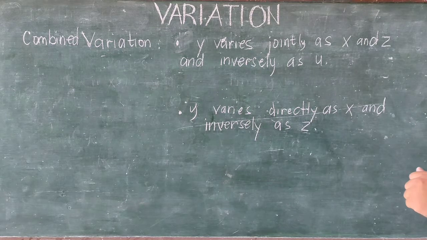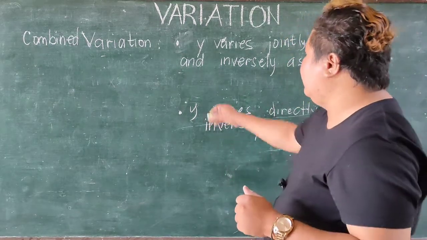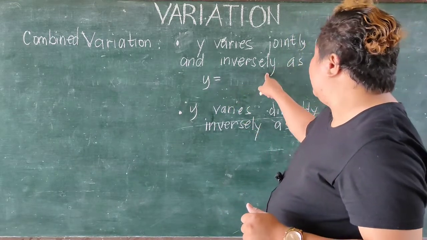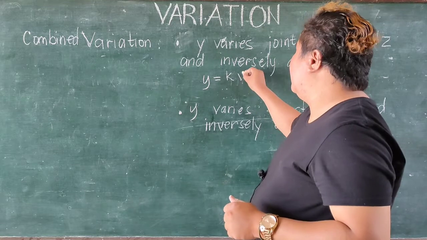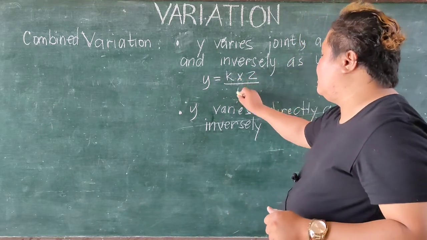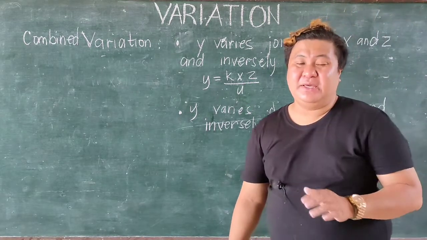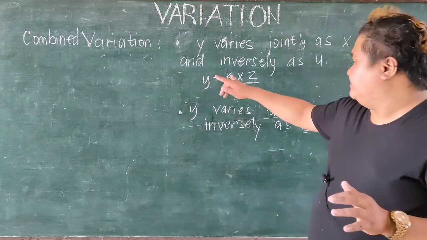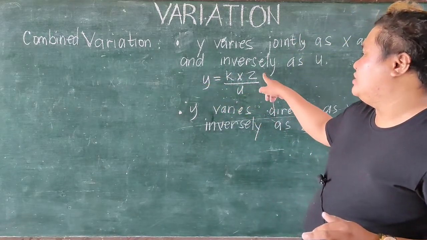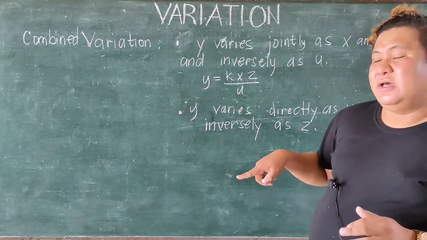So we can write the formula for this one as y equals k, x, and z over u. Jointly comes first, and then inversely comes next.